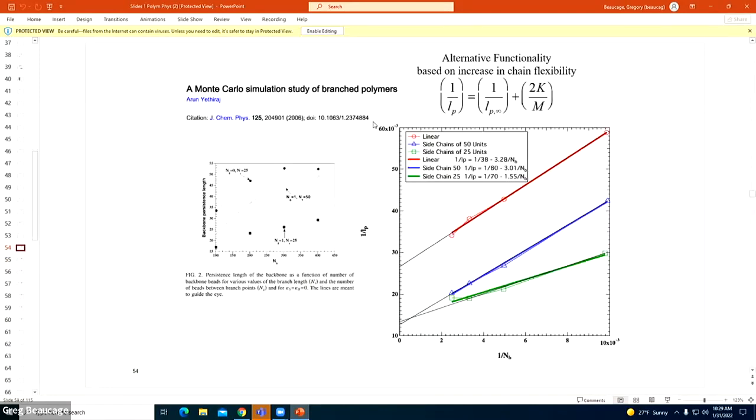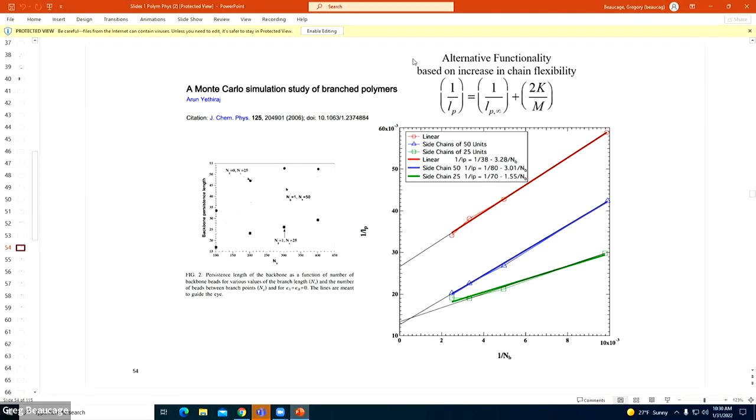What you can do is go back and say, instead of the stiffness, LP, take the flexibility, which is 1 over LP. Then say the flexibility increases with the end groups, and you get something that works. It's kind of weird. This is logical, kind of, except there's no reason why you would choose flexibility over stiffness.